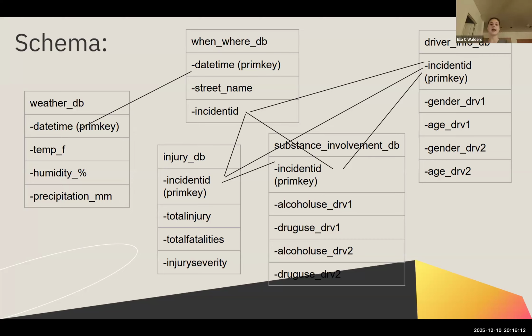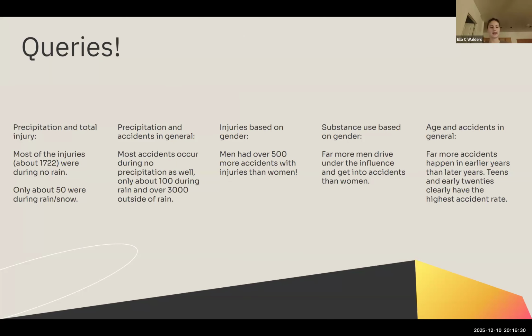And then when and where also has incident ID, so it can be connected to driver info and substance involvement as well as injury. However, its primary key is date time to connect to the weather database, which also has a primary key of date time.